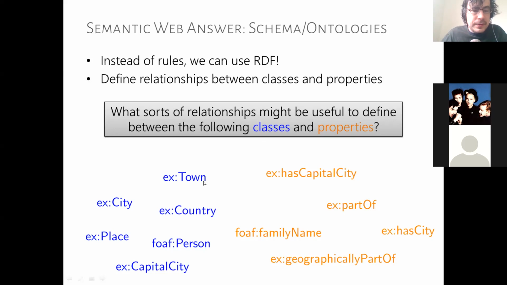And there's also, for example, for country and for town and for city and for place, we could also find these classes and similar properties in other vocabularies. So it's just to indicate that sometimes we can find existing what are called vocabularies, which are descriptions of classes and properties on the web. And this is something we'll cover later in the course. But just for now, you can think of it as a well-known class that's used for person on the web of data.